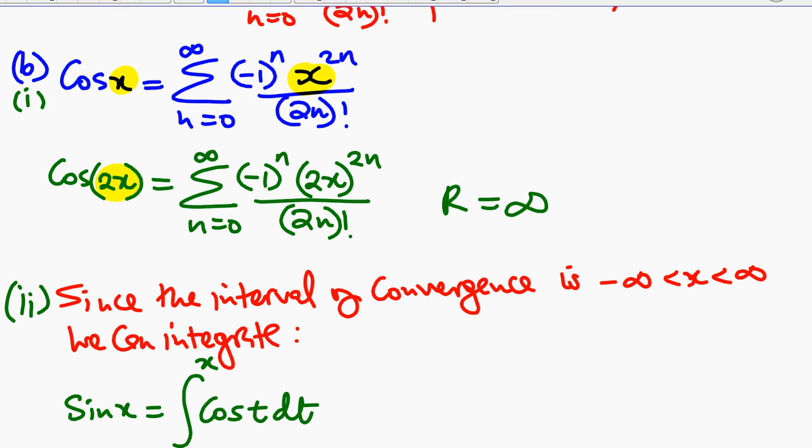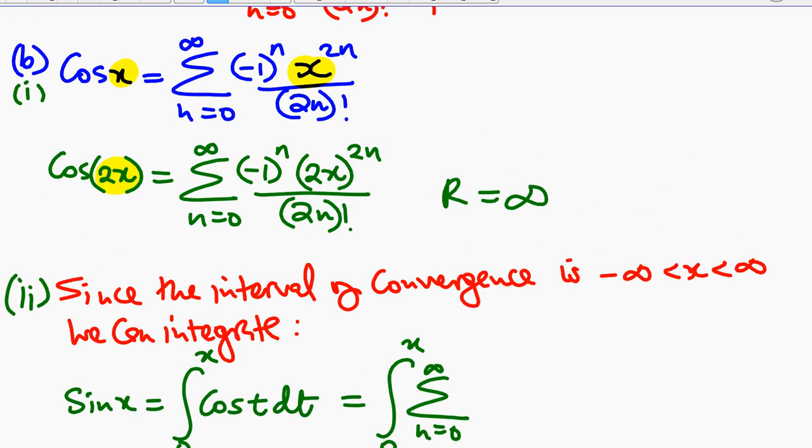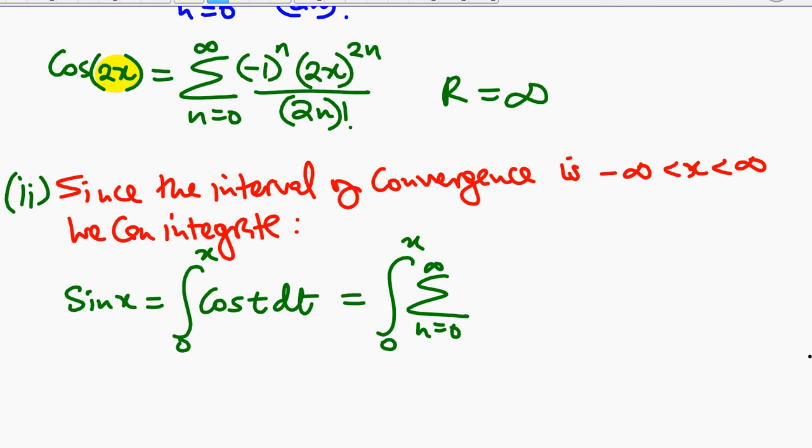So cos t will be given by this: the integral from 0 to x of the sum from n equals 0 to infinity of -1 to the power n t to the power 2n over 2n factorial dt.